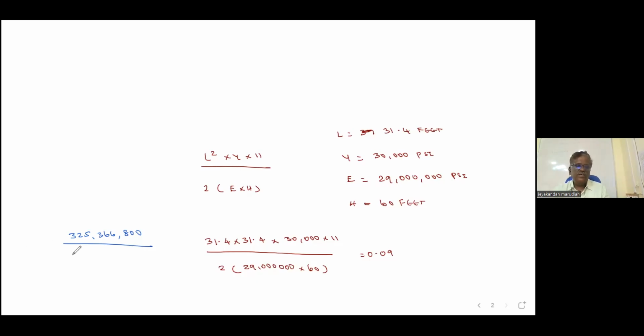So we will get 3,480,000,000. Then 325,366,800 divided by 3480 gives 0.09 only, which is correct.